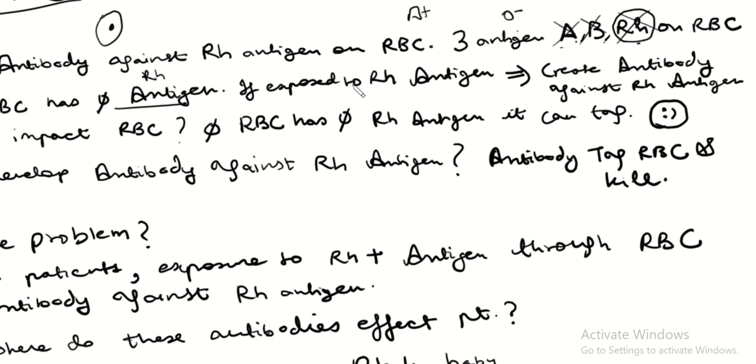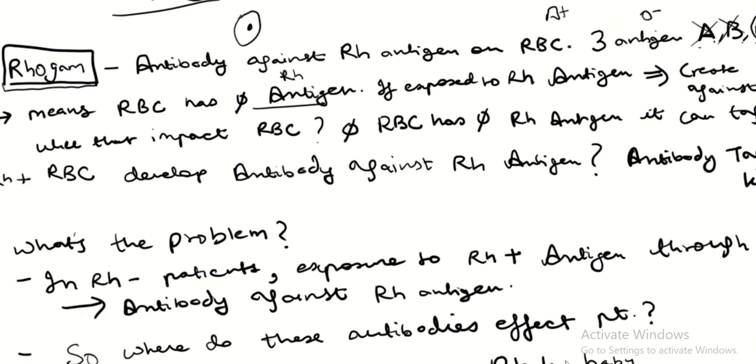Now the person with Rh negative blood got exposed to Rh antigen, and now they can create an antibody against Rh antigen. Even if they create an antibody, it's okay because that antibody will not tag them. It's a good antibody, but it's not going to tag their RBCs. It's just going to float around.